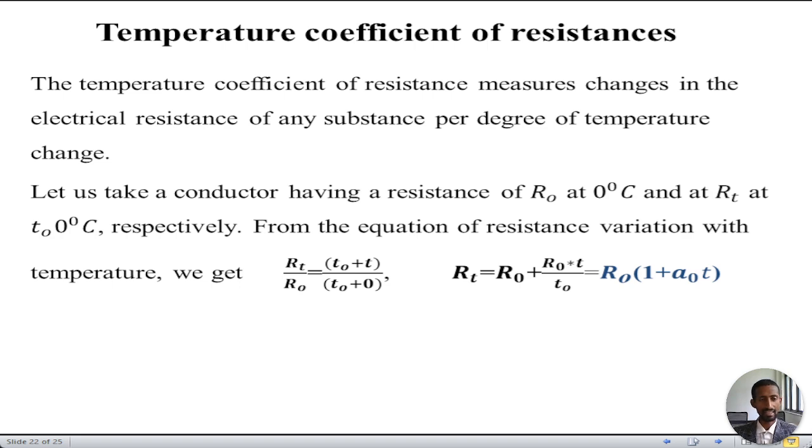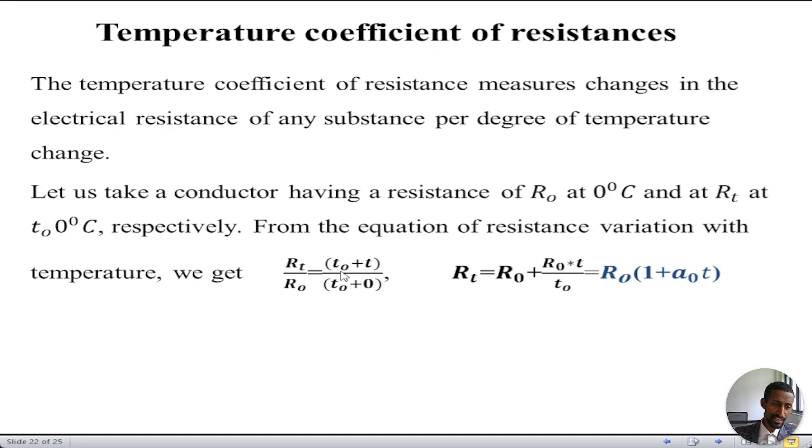Let us take a conductor having a resistance of R naught at 0 degrees centigrade and Rt at t degrees centigrade respectively. From the equation of resistance variation with temperature, we can get Rt over R naught equal to T naught plus t over T naught.